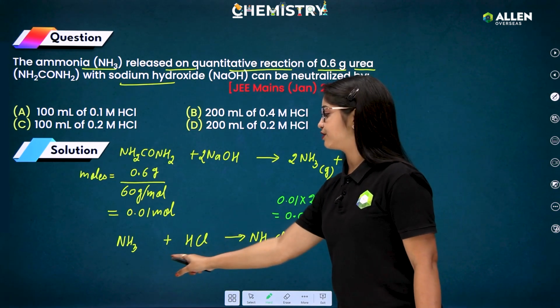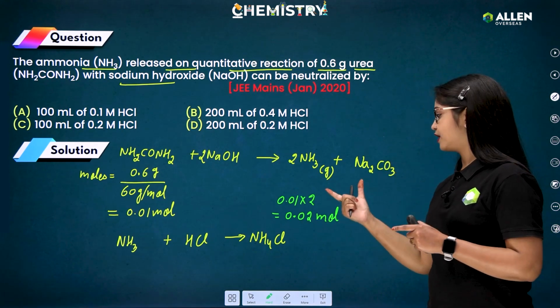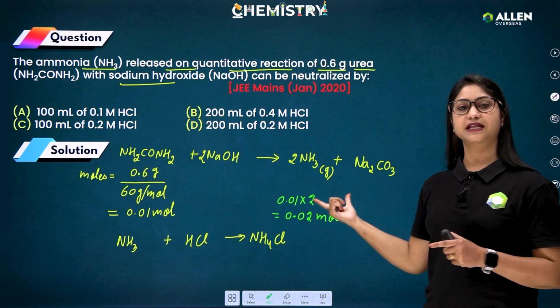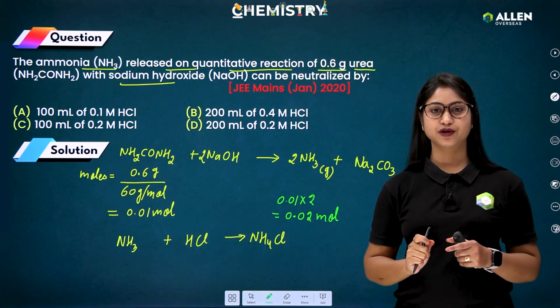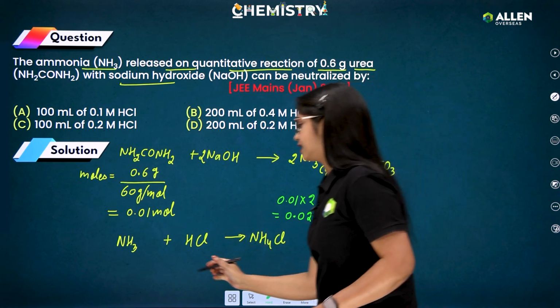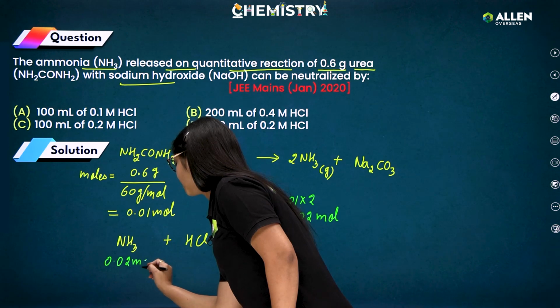Now look at the second reaction. As I told you, for sequential reactions, whatever moles of ammonia are produced in the first reaction, the same moles of ammonia will participate in the second reaction, right? So I can write the ammonia is 0.02 mole.